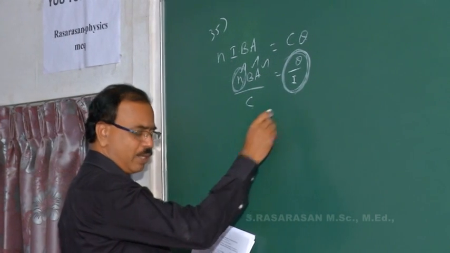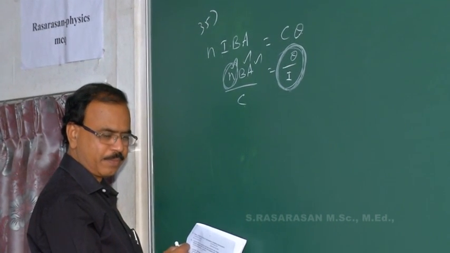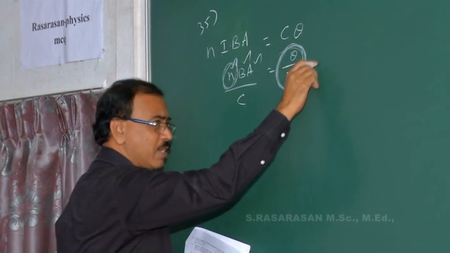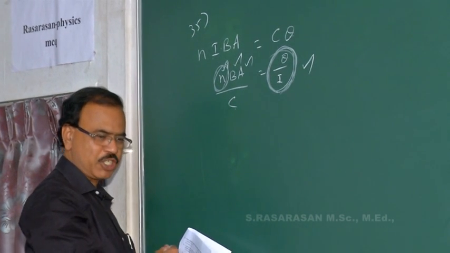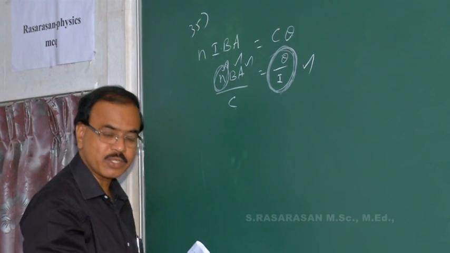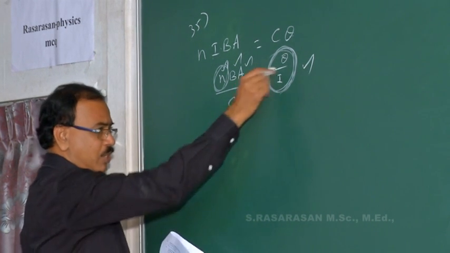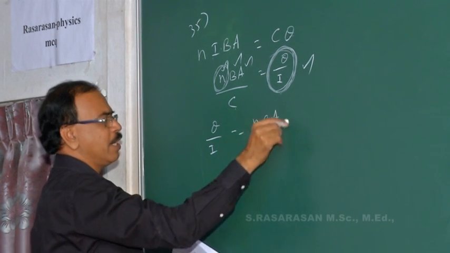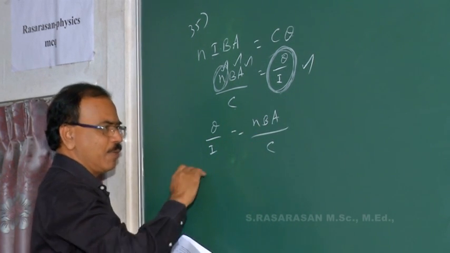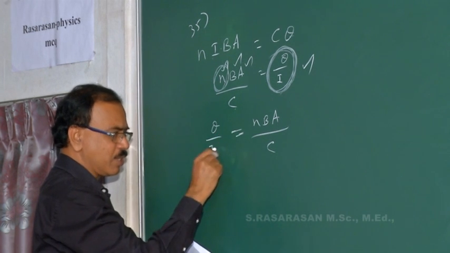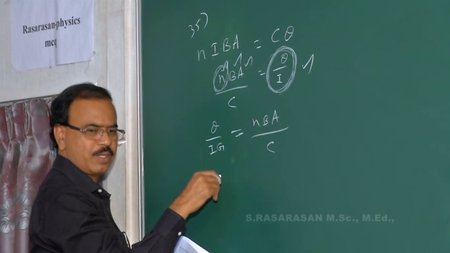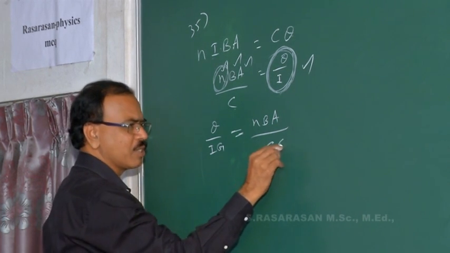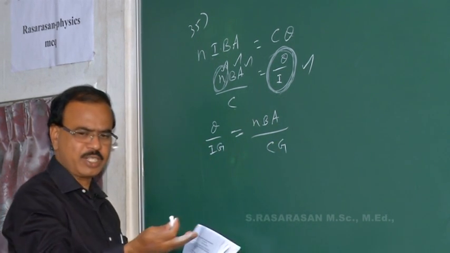Here we have to note a point. When the number of turns in a galvanometer is increased, the current sensitivity is increased, but what about voltage sensitivity? See, in this equation theta by I equals NBA by C. If you divide both sides by the resistance of the galvanometer, that is the resistance of the copper coil, the result is not affected.